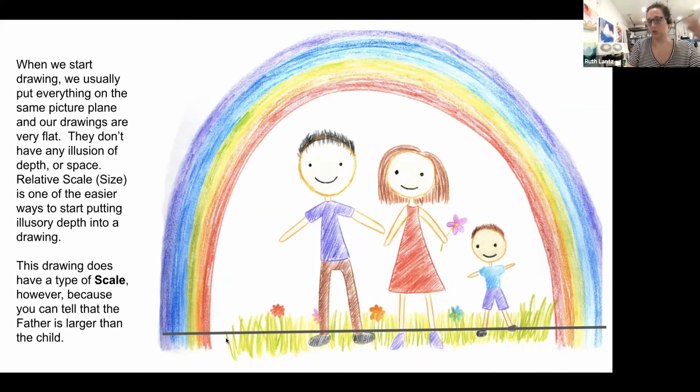What I mean by drawing everything on the same picture plane is everything sits on the same line, right? So even though I know that this figure is bigger than this figure because they're taller, and this figure is taller than this figure, there isn't any space or depth in the image because all their feet are on the same line, right? And that's the way we start out.